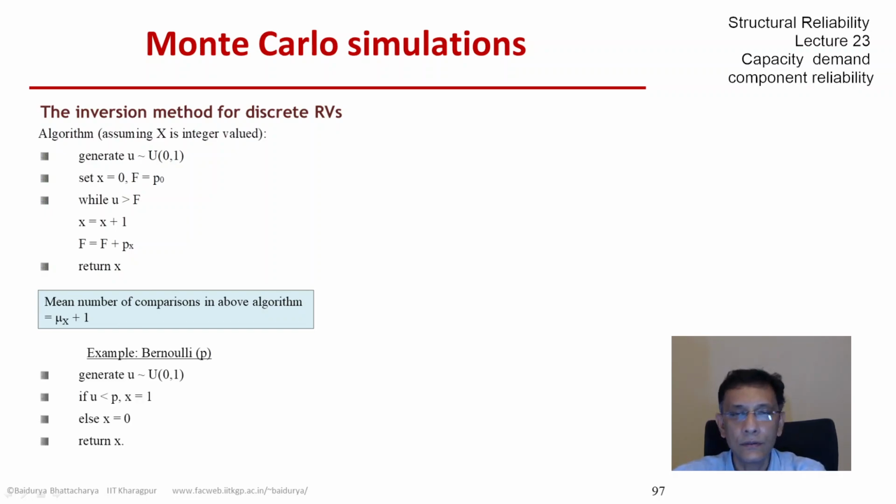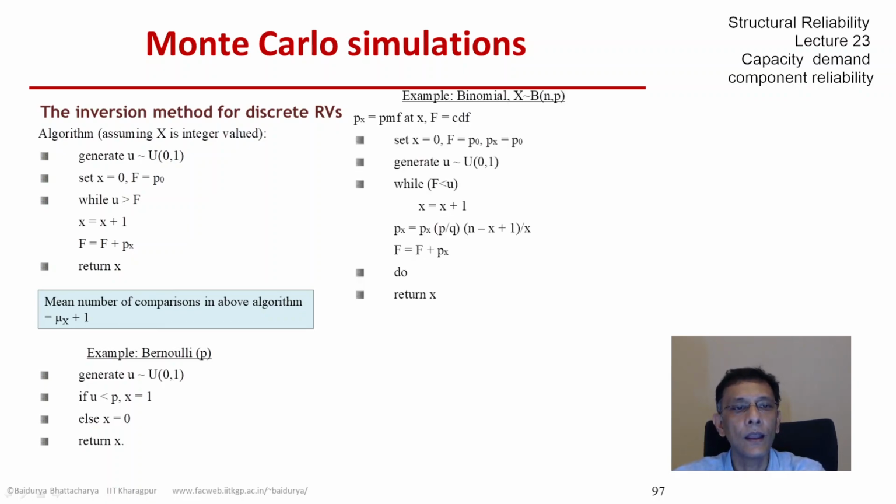We could generate a Bernoulli random variable very simply in one step. We generate the uniform u, and if p is greater than u, we return x is 1, or we return x is 0. The next one that you see is the binomial. We do a similar comparison until we succeed, but here we have taken a slight change in the algorithm which speeds up the process a little more.